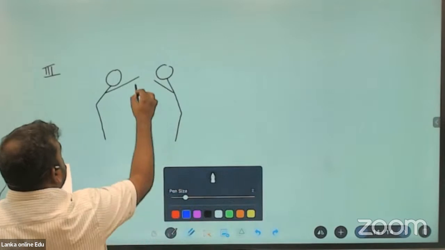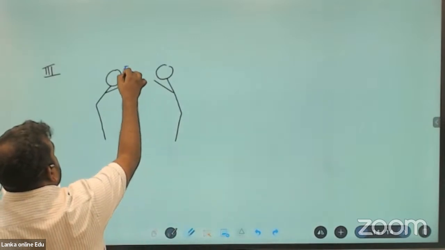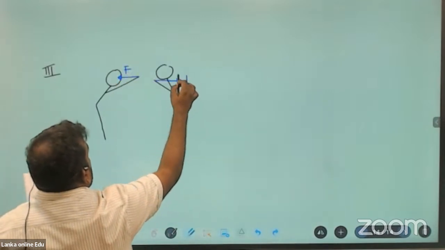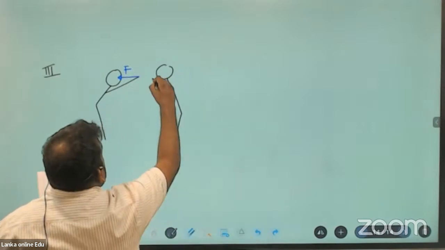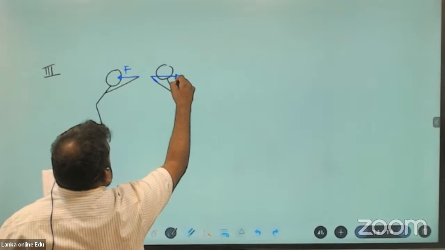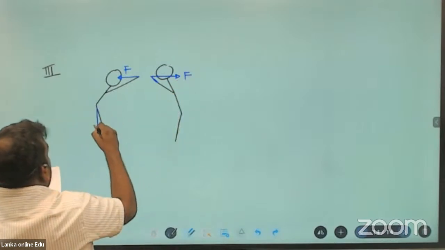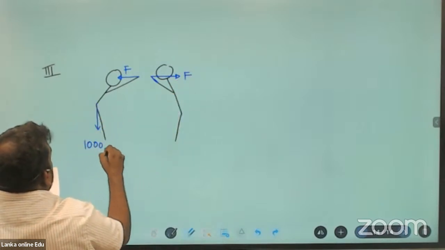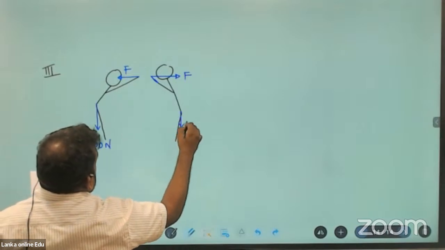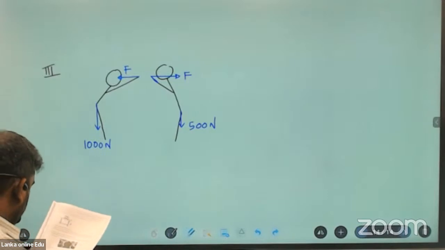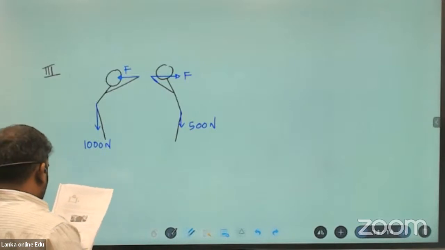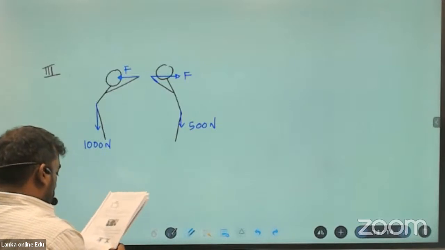Mark all the forces, means yes, the push is there. Same line. That is how they look. Same line. Don't forget the weights. 1000 Newton. 500 Newtons. What's the distance moved when B has moved 2 meters?